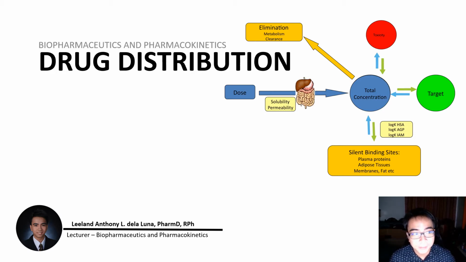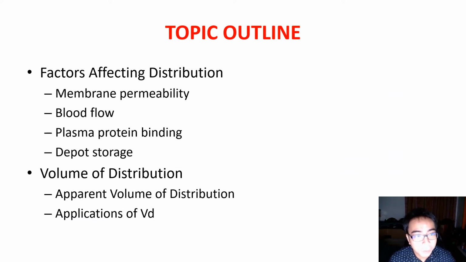All right. So for our topic outline for today, we will be discussing first the factors affecting distribution. Specifically, we will be talking about membrane permeability, blood flow, plasma protein binding, and depot storage. The topic on depot storage will basically be talking about the adipose tissues mostly, so we will be talking about lipophilic drugs here.